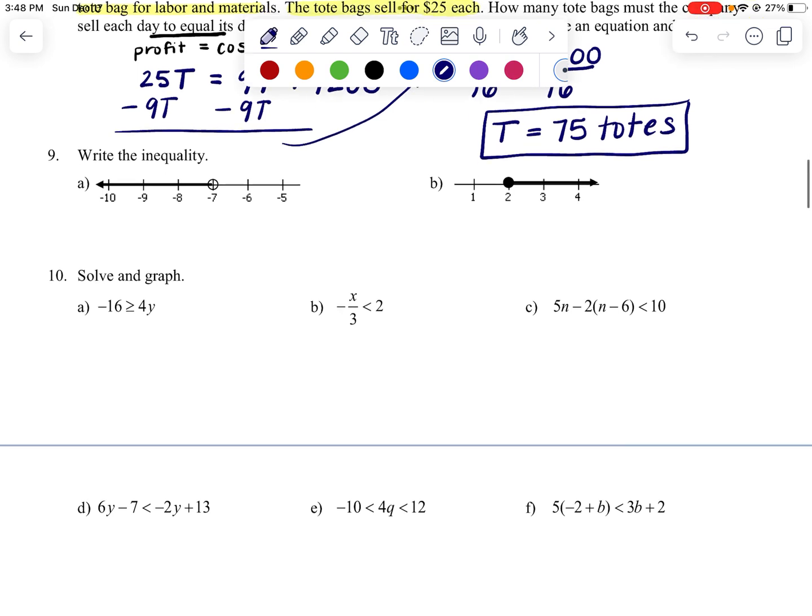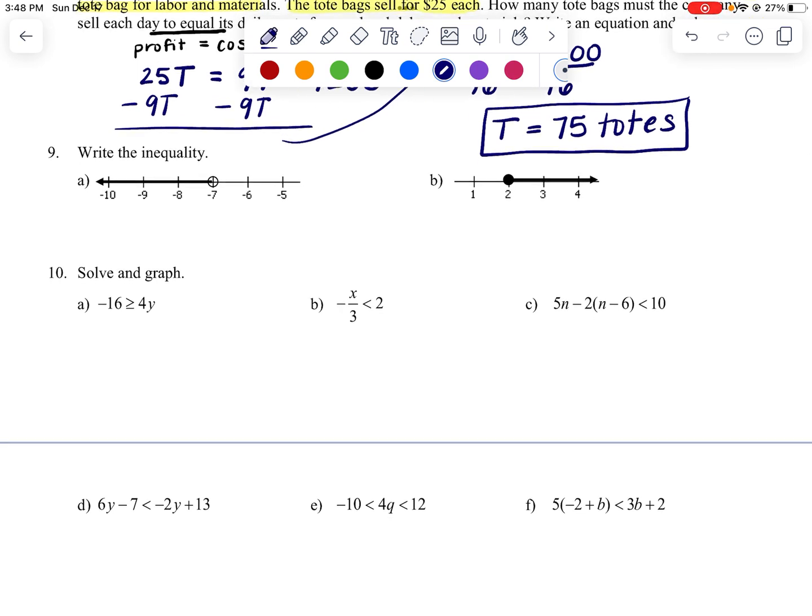And then number 9, writing the inequalities. So remember, open circle is less than or greater than. And so this would be x is less than -7. These ones are equal to, so this would be x is greater than or equal to 2.